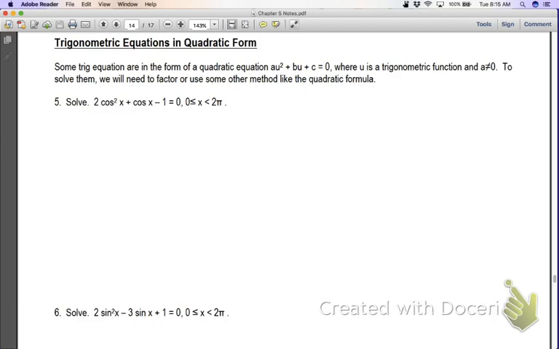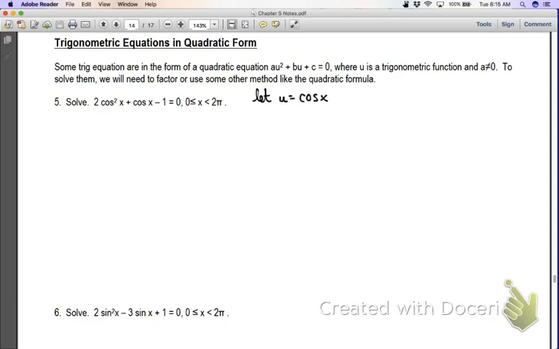The letter that I used yesterday was U. So in this case, if we let U equal cosine of x, don't let it be the whole function or the squared function, but just whatever our cosine, sine, or tangent value is.